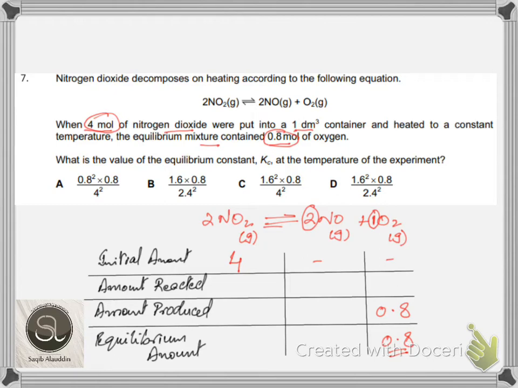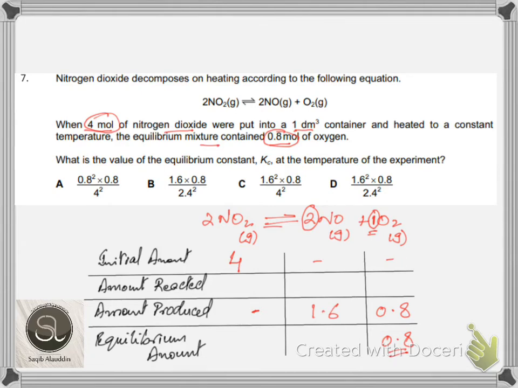So if 0.8 moles of O2 are produced, double the number of moles of NO will be produced, because when 2 moles of NO are produced, 1 mole of O2 is produced. So if we had 0.8 moles of O2, then of course 1.6 moles of NO would have been produced. I'll just put a dash in front of produced when it comes to the reactant.